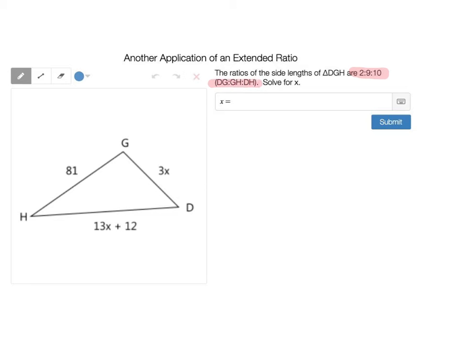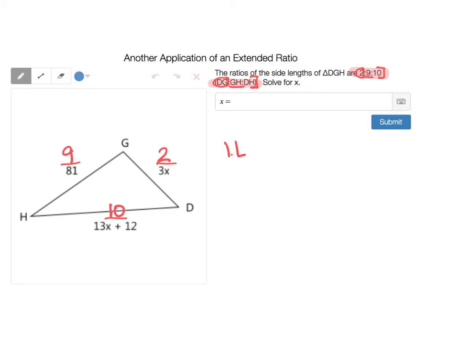But they did tell me where each number goes. So they told me that 2 goes with DG. So I'll put a 2 there. Notice I'm going to put all my numbers above. 9 goes with GH. And then 10 goes with DH. So I'll put 10. All of them I put above.